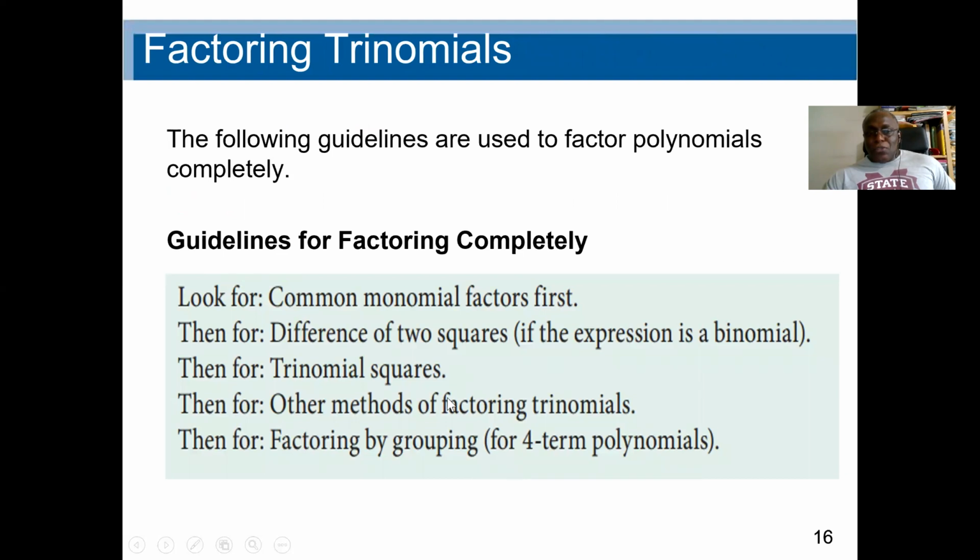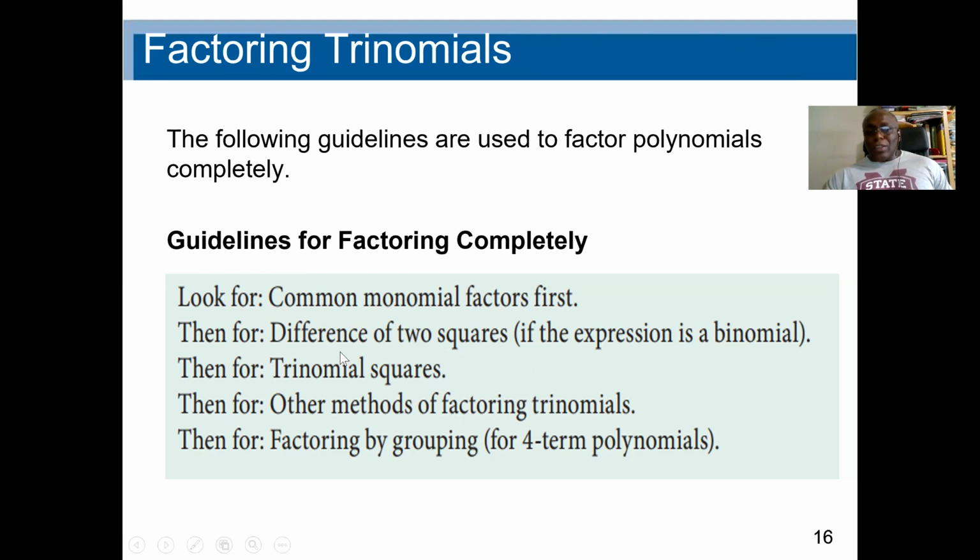So there's a guideline for factoring completely. What we mean by completely is that sometimes we may have a question, and the first thing we have to do is to take the common factor out. Then it will remain either a trinomial, which maybe we can factorize also, or a difference of two squares. If there's any factoring we have to do, then we do it.